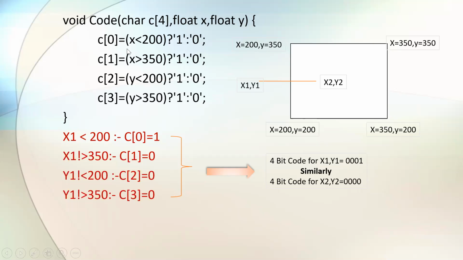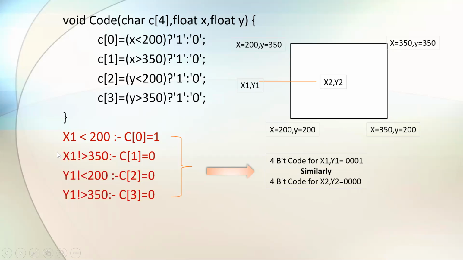Based on that, checking is going to be done. So if the x value is less than 200, the zeroth bit will be set. If the x value is greater than 350, the first bit will be set. If the y value is less than 200, the second bit will be set. And if the y value is greater than 350, the third bit will be set.